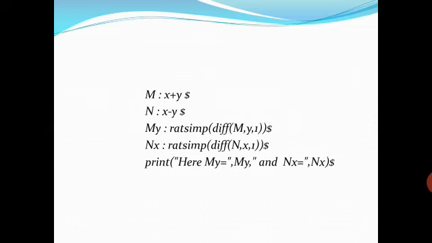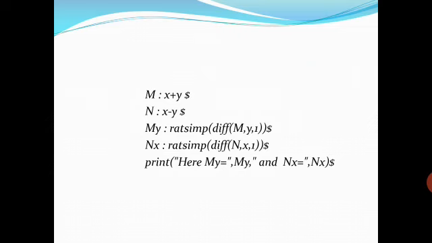Next, Nx is ratsimp of diff of N comma x comma 1, close the brackets and put the dollar symbol lastly. Nx means del N by del x, that is the first order partial derivative of N with respect to x. That is the rationalized simplification of differentiation of N with respect to x one time. The obtained value is stored in Nx.